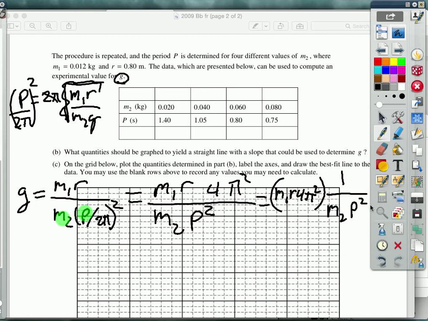So what we've got is, if you'll allow me, g is some constant c times 1 over m2 P squared. So we have to get the slope of this graph to be 1 over m2 P squared.